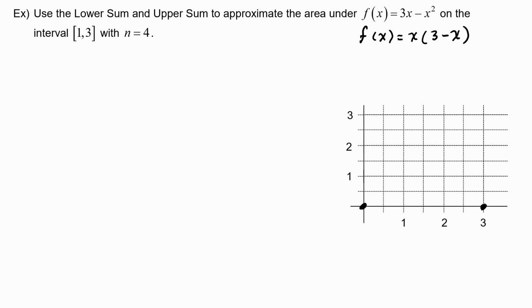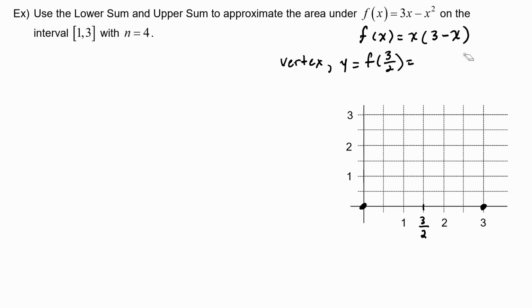We know the vertex is always halfway between the roots, so the vertex is going to be here at 3/2. And we can find the y-coordinate of the vertex by plugging in f of 3/2. We can plug in to either the first form or the second form.